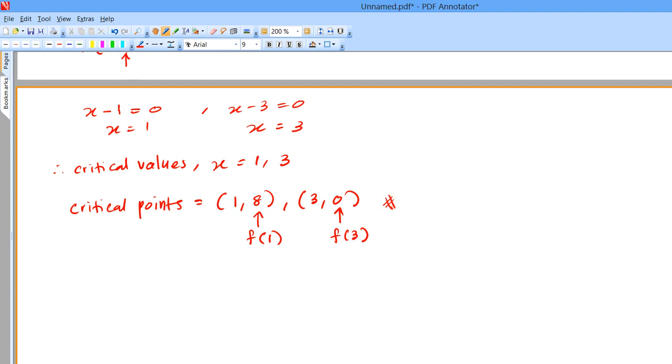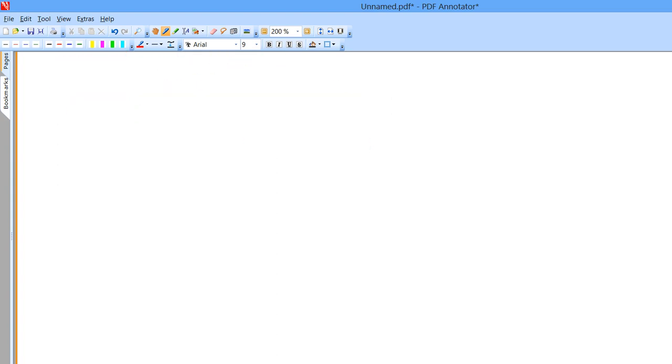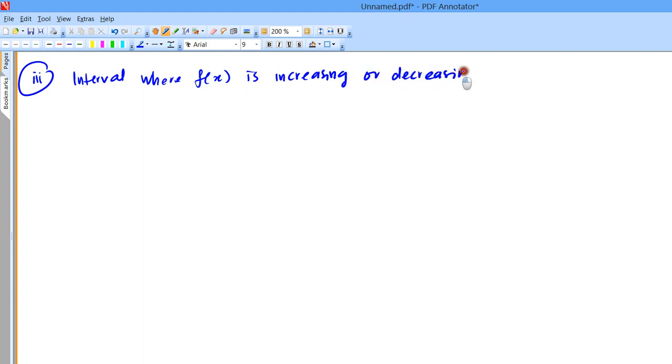Okay, next I will show you how to find interval where f(x) is increasing or decreasing. 3 Roman, find interval where f(x) is increasing or decreasing, and want to determine the relative extremum of f(x).